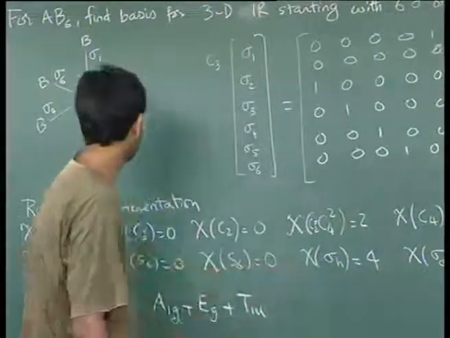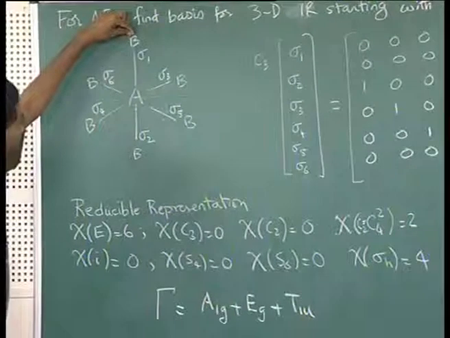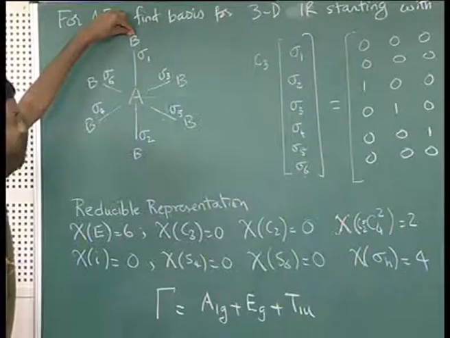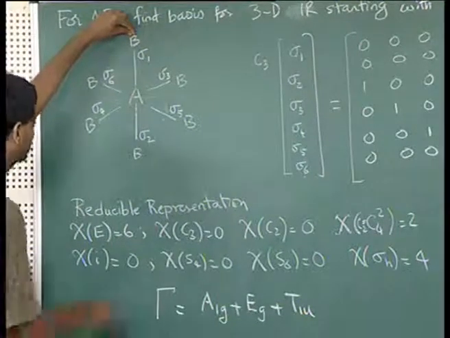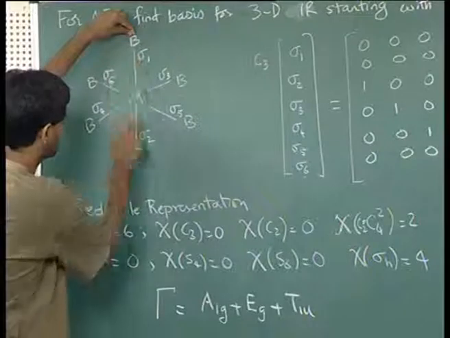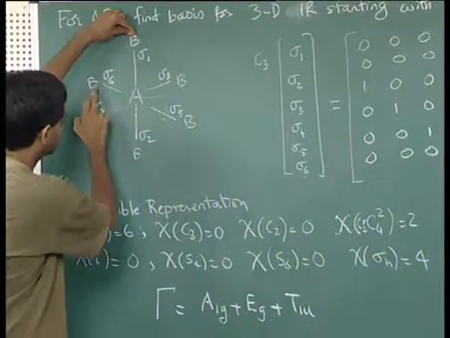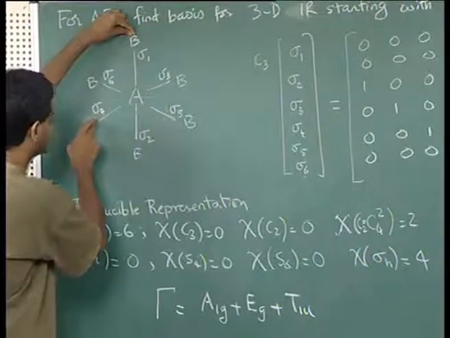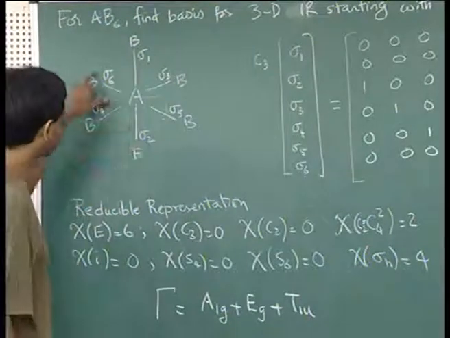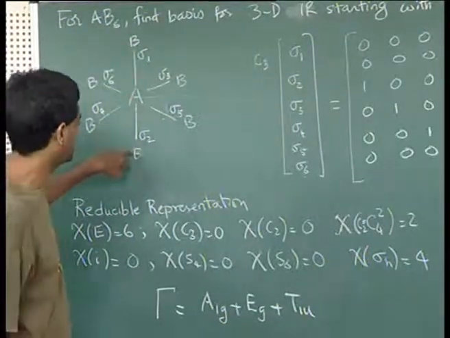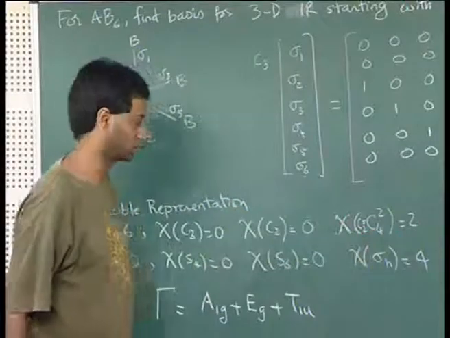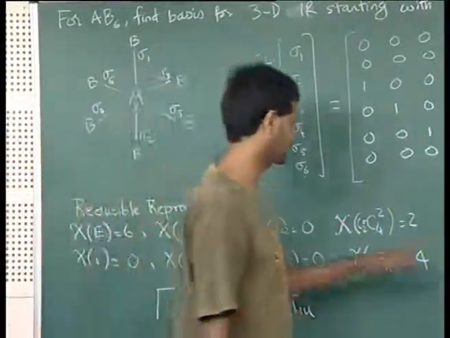The character of this is 2, because C4 operating on sigma 1 and sigma 2 will not change them, so these two will have 1. But it takes, for example, sigma 5 to sigma 4, sigma 4 to sigma 6, and so on. So these two will have 1 along the diagonal, everything else will have 0 along the diagonal. So the character of that is 2. Similarly, the character of C4 will also be 2.